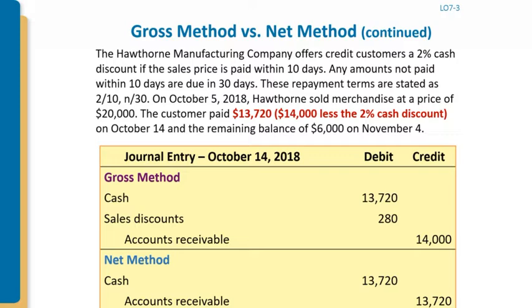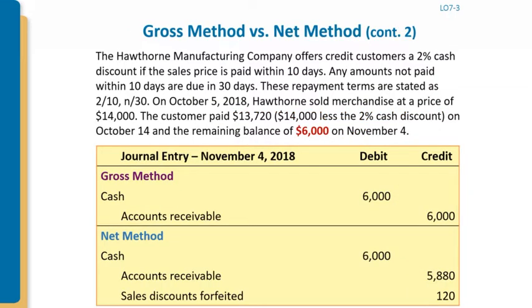And when we receive the money on October 14, under the gross method, we have cash 13,720 and sales discount, and accounts receivable credit for the entire amount, meaning the 14,000. And under the net method, the cash debit is the net amount and the accounts receivable credit is the net amount, okay.